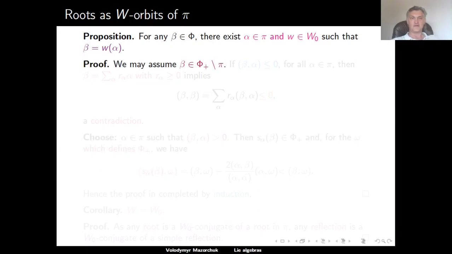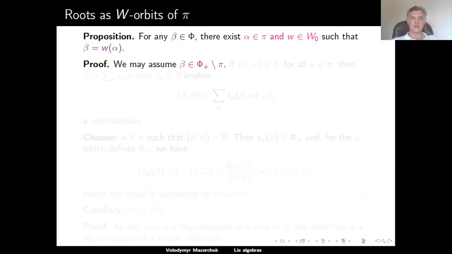Proof: without loss of generality, we may assume that beta is a positive root outside of our basis pi. Indeed, if we can prove this claim for all positive roots, then the symmetric claim for negative roots would be that any negative root is in the W0 orbit of minus pi, but since each alpha in pi can be swapped to minus alpha by the corresponding S alpha, we will get that each negative root is also in the W0 orbit of pi.